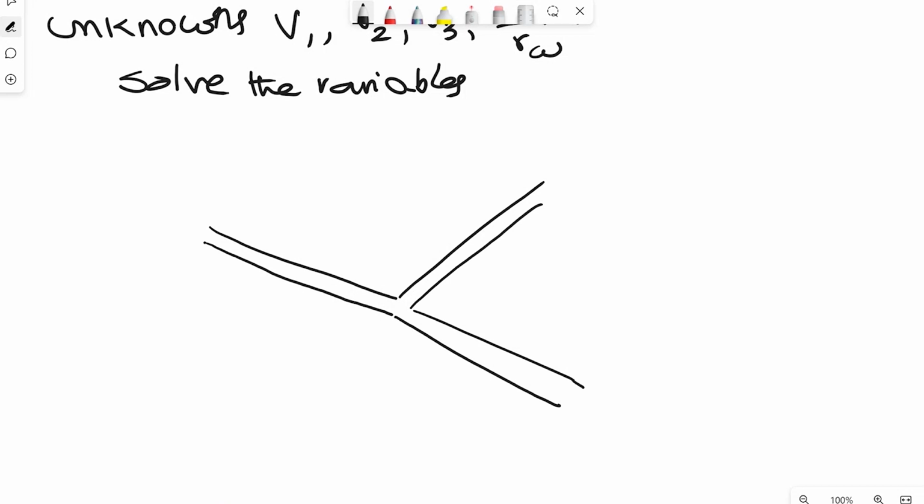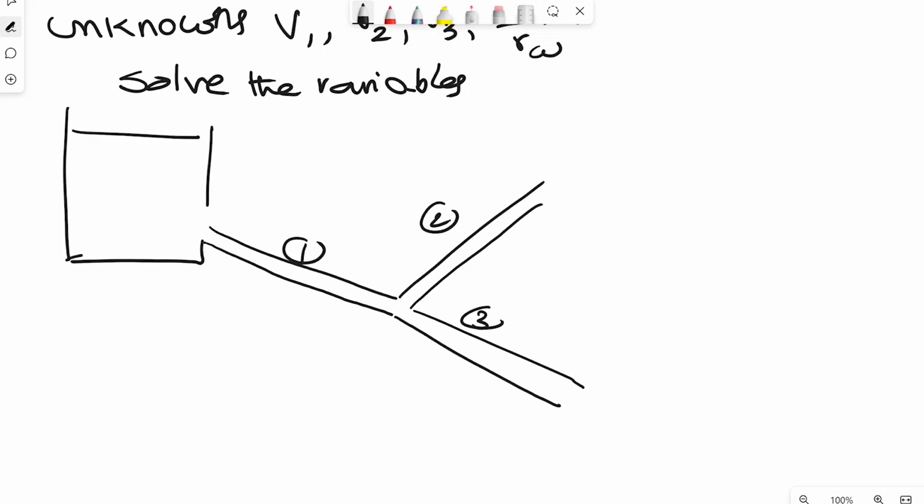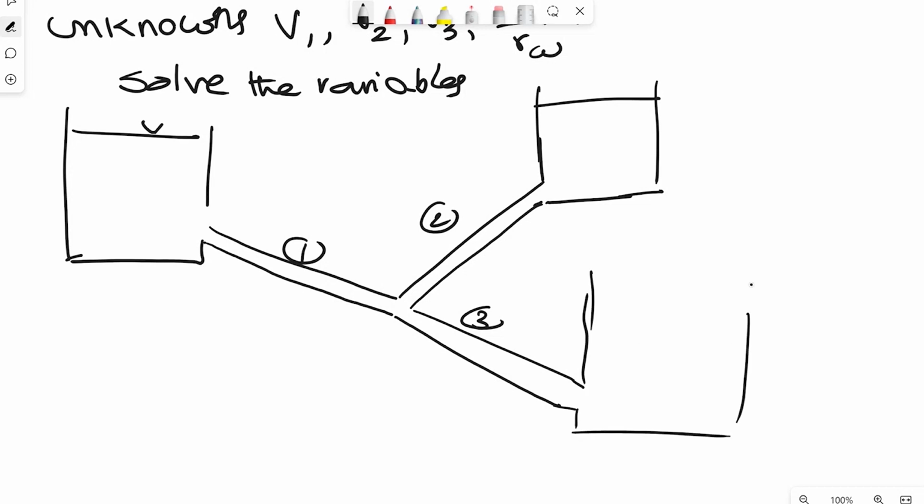If these three pipes, one, two, three, are connected to reservoirs, then we call it a branched pipe system. If we connect like this, how do we solve this problem and find the pressure at this junction? This is what the branched pipe system means.